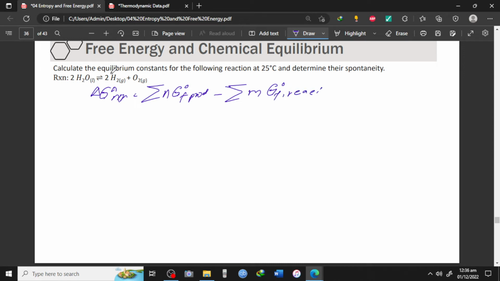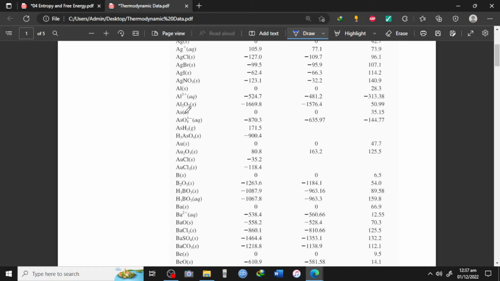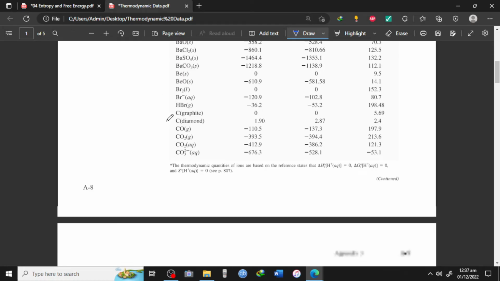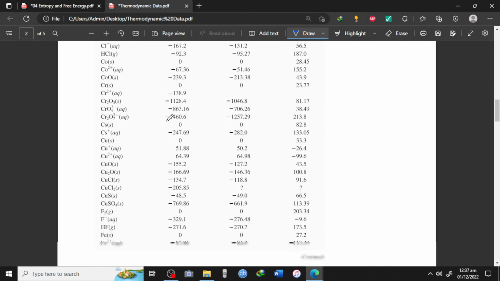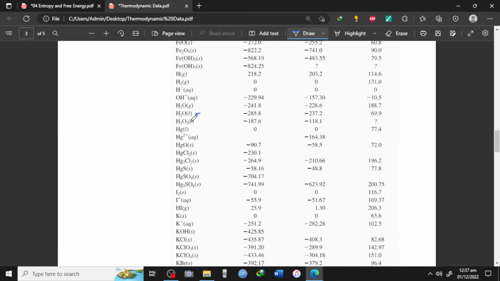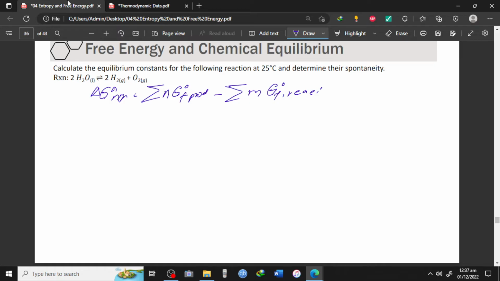So, automatically, lahat ng values ulit na to, students, makikita lang natin sa thermodynamic data. So, tignan natin, no? Si H2O liquid, alam natin yung value niya, nakita natin kanina. So, hanapin natin. Okay. So, for H2O liquid, that is negative 237.2.